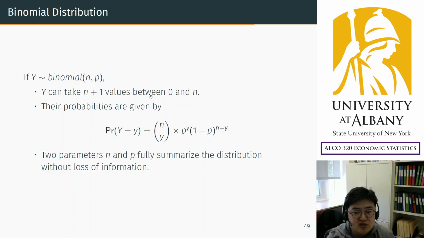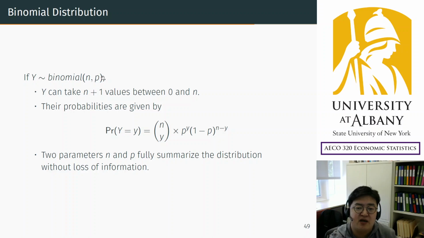Then you summarize the probability distribution, and you don't lose any information. That is the point of studying this statistical model, the binomial distribution. The distribution can be simplified without loss of information under a certain set of assumptions. Okay, then keep this in mind.